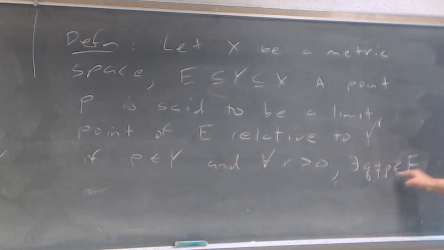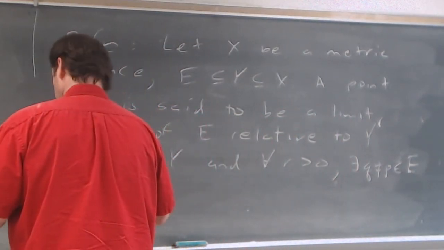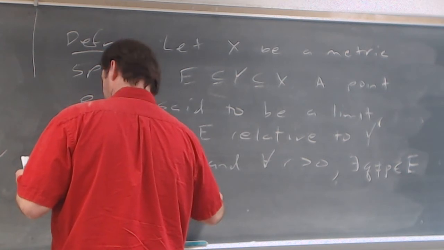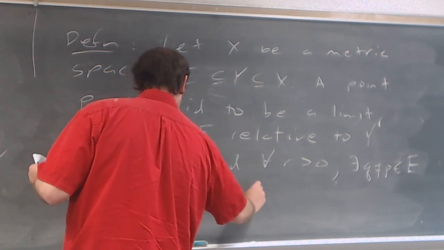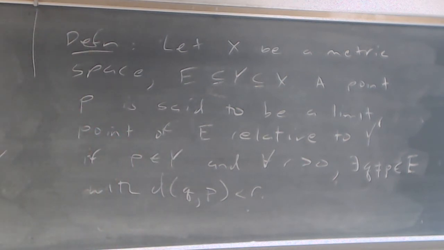So Q is an element of E, is what I'm saying, with the distance between Q and P less than R. I'd like to look at an example.